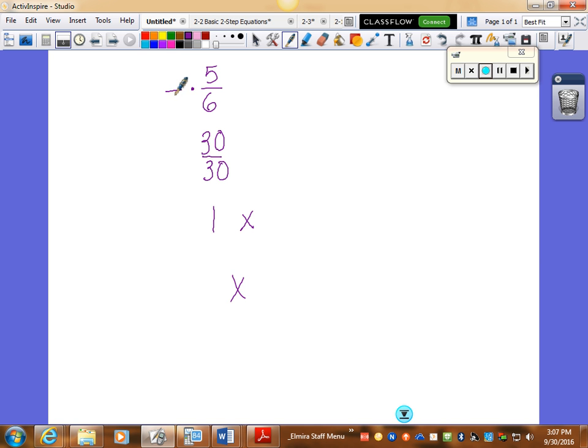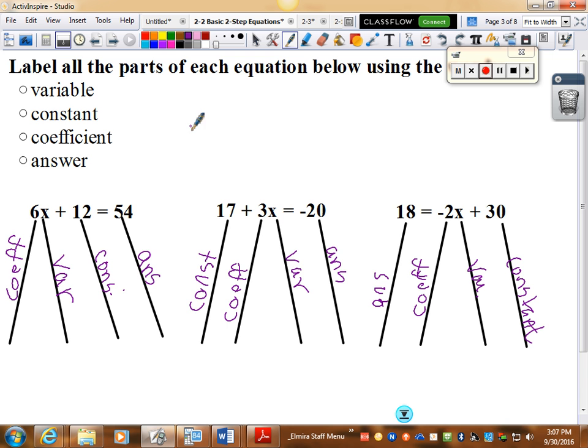So when you have a fraction, you multiply by the reciprocal. A reciprocal means take the fraction and flip it over. When you multiply by the reciprocal, that's how I'm getting 30. 6 times 5 is 30, and 5 times 6 is 30. 30 over 30 makes a 1, and 1 times x makes an x. So fractions work. That's a long series of steps to explain why this works.